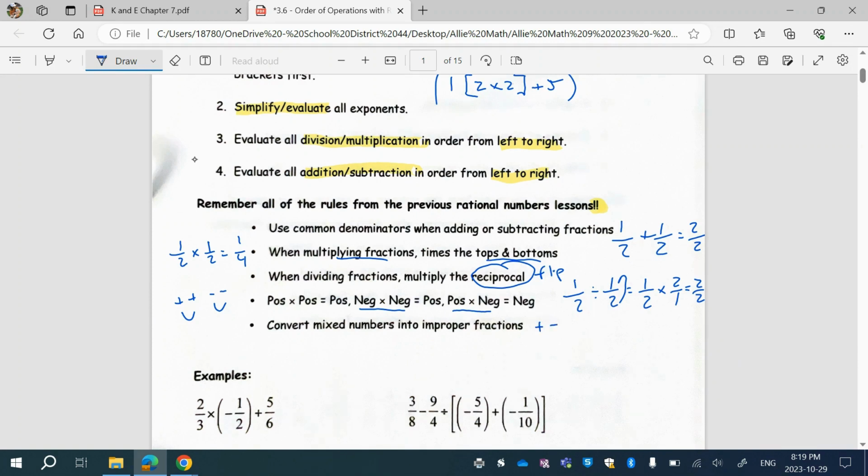So it doesn't matter what order. Those two are both negative. And finally, convert mixed numbers to improper fractions. So if we've got a 3 and a 1 over 2, you multiply the denominator by the whole number and add the top. So you end up with 7 over 2 there.